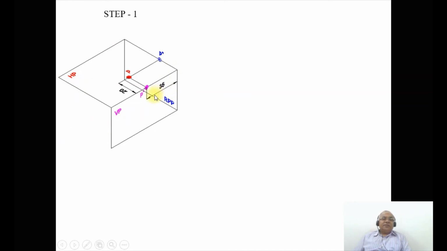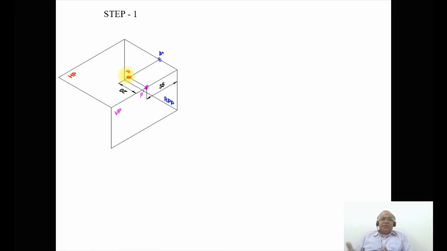So that means you have 35 mm behind RPP. And since it is lying on HP, obviously that image, when you look from the front view, is projected onto the vertical plane, which is going to be small p dash. Then as we look from the top view, the image is going to fall on the horizontal plane, that is on HP.